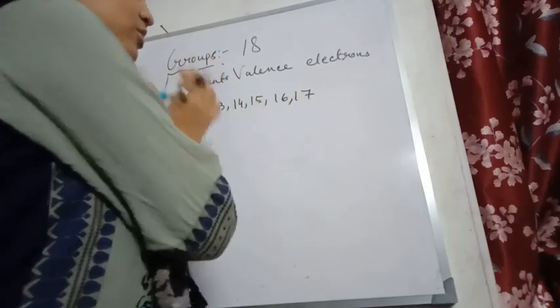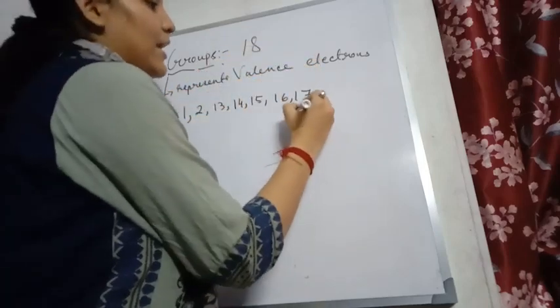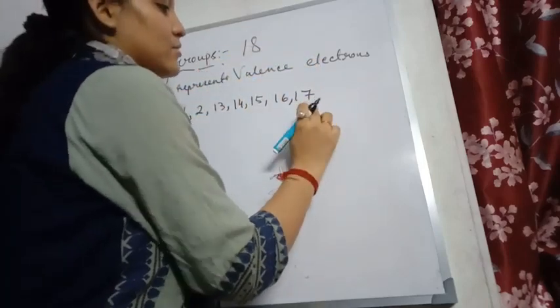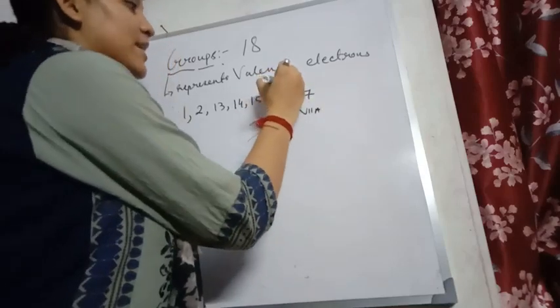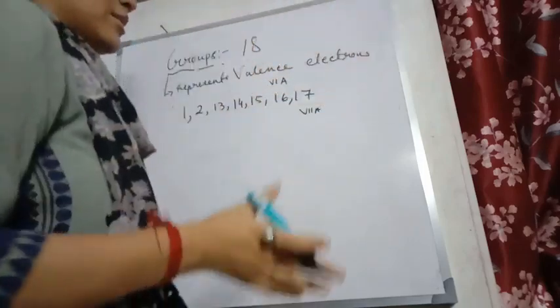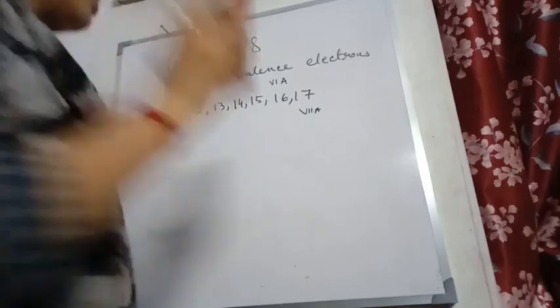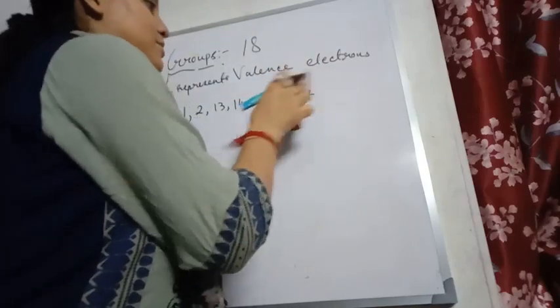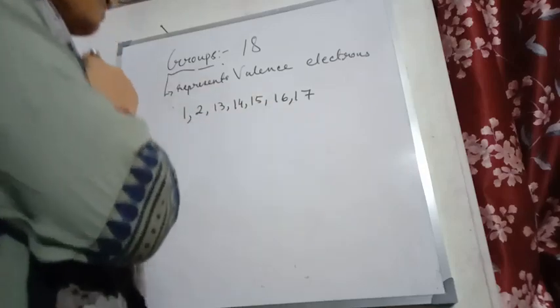Initially we used to write group 17 as 7A, 16 as 6A, and 15 as 5A. So Roman numerals were used in the old recommendation, but in the modern recommendation it is modified to numerals. So this is the modern notation of a group.